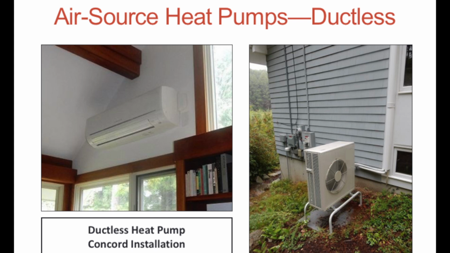There are also one or more indoor units that are typically mounted on the walls, although they can be recessed into ceiling panels or mounted on the floor as well. What's unique about ductless systems is, as the name implies, they do not require any ductwork in your home to operate. The indoor and outdoor units are connected via copper tubing that circulates refrigerant to and from them.